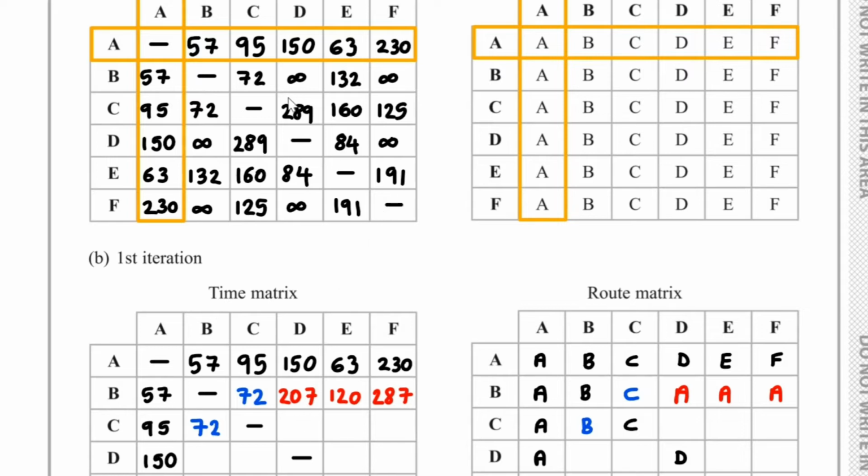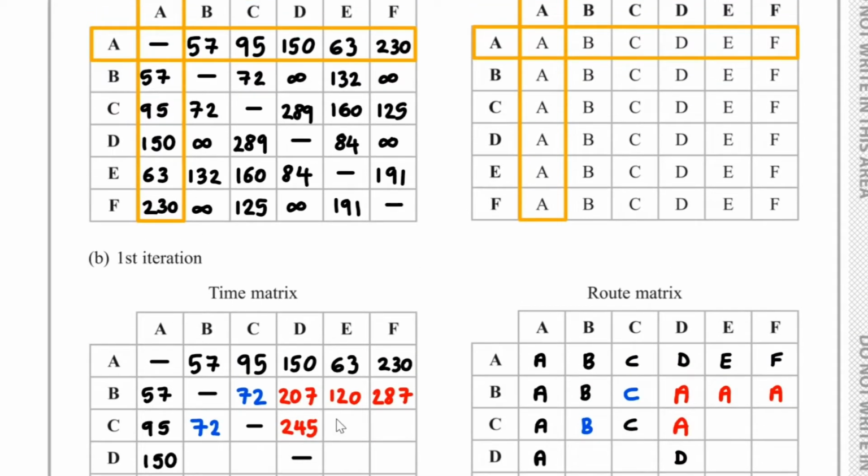Now we compare the 289 with the sum of 95 plus 150. 95 plus 150 is smaller than 289. So the sum of 95 plus 150, that's 245, and so the element here changes from D to A.